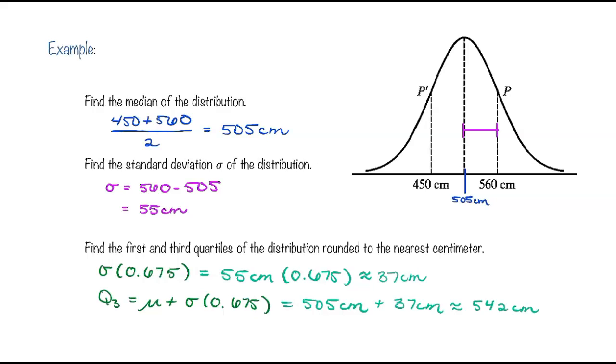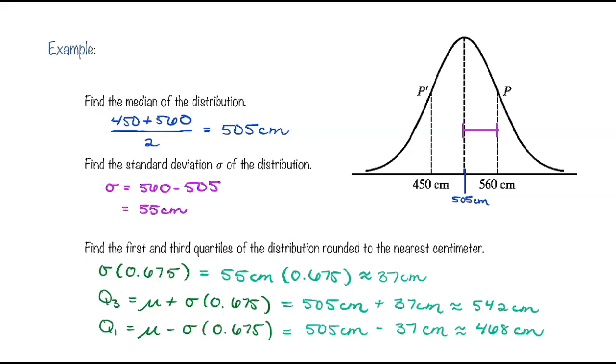To find an approximation for the first quartile, Q1, we need to take the mean and subtract the standard deviation times 0.675. In this example, that's 505 centimeters minus 37 centimeters, which gives us an approximation for Q1 of 468 centimeters. So we've used the mean and the standard deviation to find the first and third quartiles.